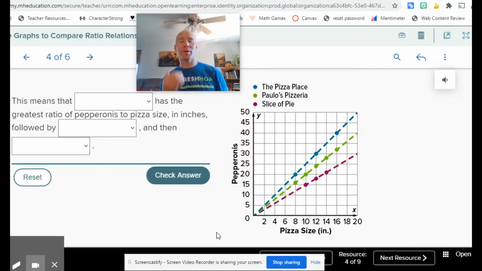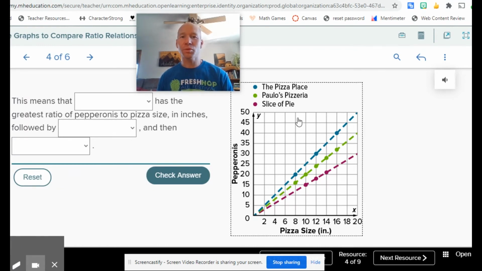Now that we've thought about that, we can answer this question. We have some fill in the blanks. This means that blank has the greatest ratio of pepperonis to pizza size in inches, followed by blank, and then blank. Which one has the greatest ratio of pepperoni to pizza size? I noticed that the steepest one is this blue line. It has 30 pieces of pepperoni on a 12-inch pizza and 40 pieces on a 16-inch pizza.